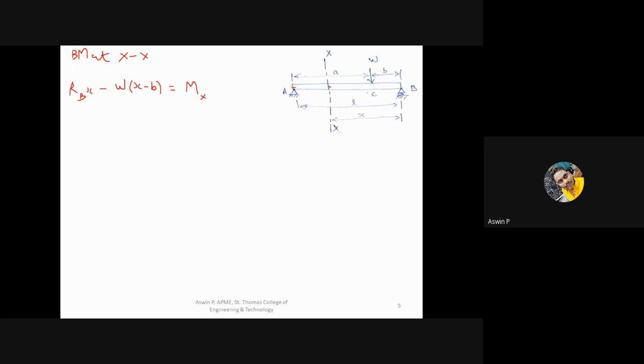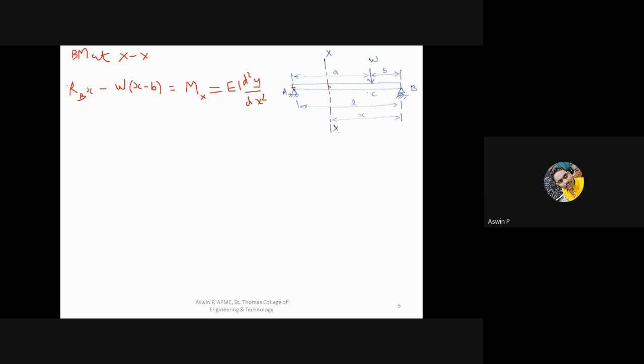So we have another equation for bending moment, the common equation, that is EI d square y divided by dx square. This is the common equation for bending moment, and you can substitute the value as well.